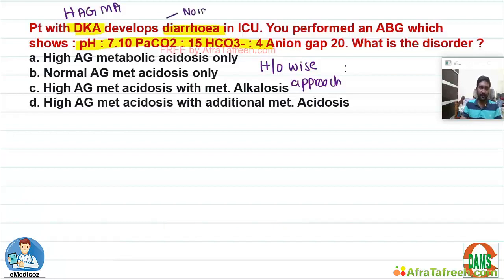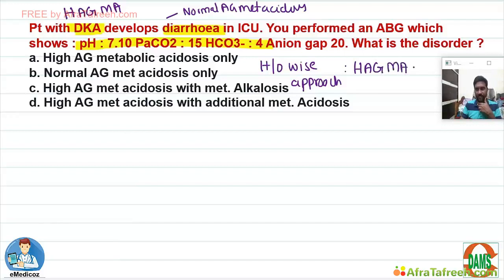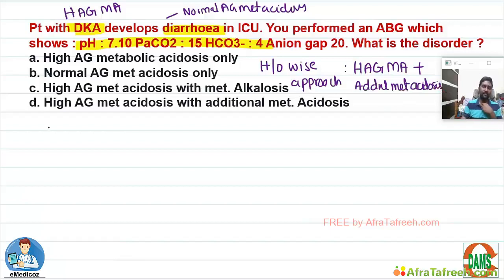Diarrhea can cause normal anion gap metabolic acidosis. So this patient is having two metabolic disorders and these two metabolic disorders are acidosis. So patient is having a high anion gap metabolic acidosis, along with that, an additional metabolic acidosis in the form of diarrhea, which is generally a normal anion gap metabolic acidosis. Now let us see whether there are two metabolic disorders with the help of ABG-wise approach.